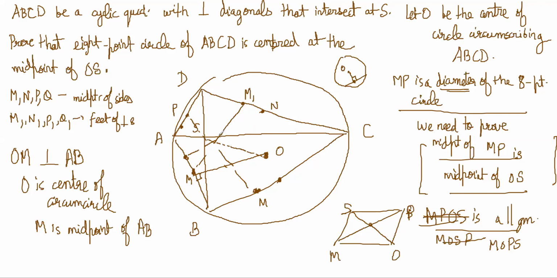We also showed that MM1 is perpendicular to the opposite side. Combining those two, MS is perpendicular to CD and MM1 is perpendicular to CD, so the line MM1 passes through S.